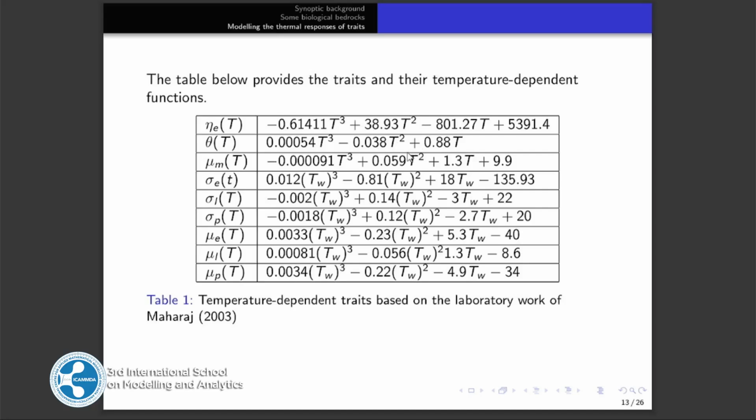Now, let us just follow. When we get to the next model, we'll see this more clearly. But let me just quickly say that you will notice that one is just ordinary T, then we have other ones, T subscript W. The normal T is just the air temperature, while T subscript W is the water temperature.